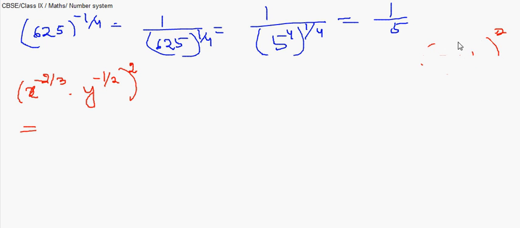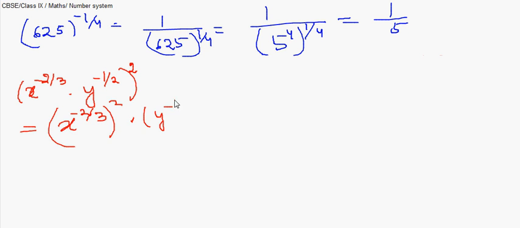I do this as, because they have a common power, this can be separately written as x to the power minus 2 by 3, whole square, with y to the power minus 1 by 2 to the power 2.